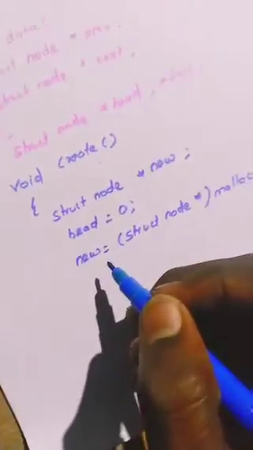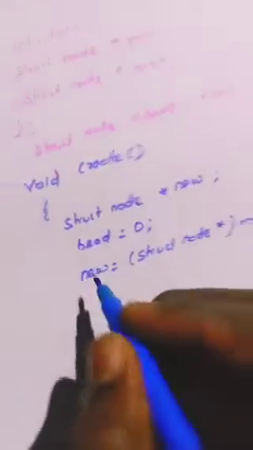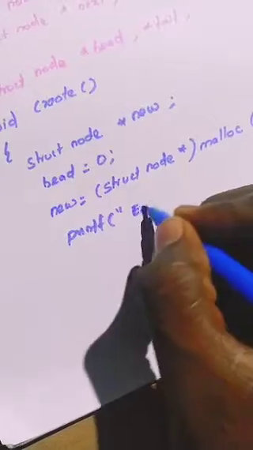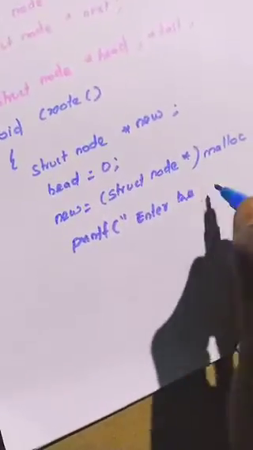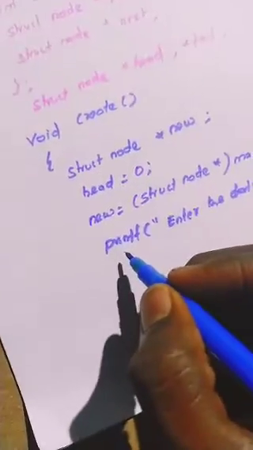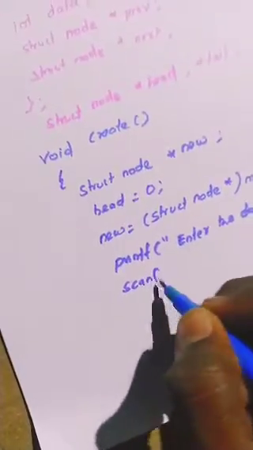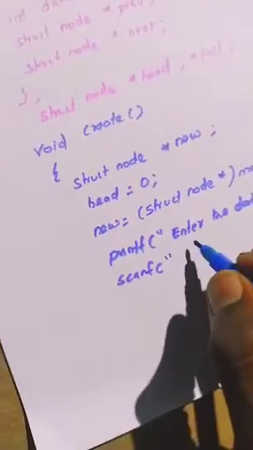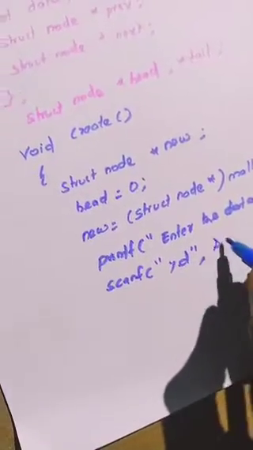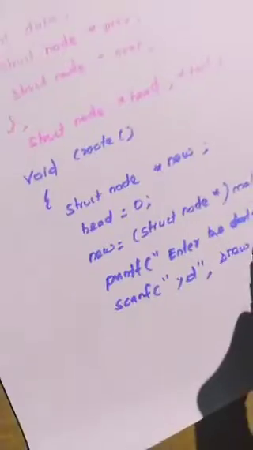See, size of struct node. Now, after allocating the memory space, I have to get the data from the user. So I have to use printf, enter the data, and by using scanf I am going to store it in a memory location. So my input is going to be integer, and I am going to store in new field.